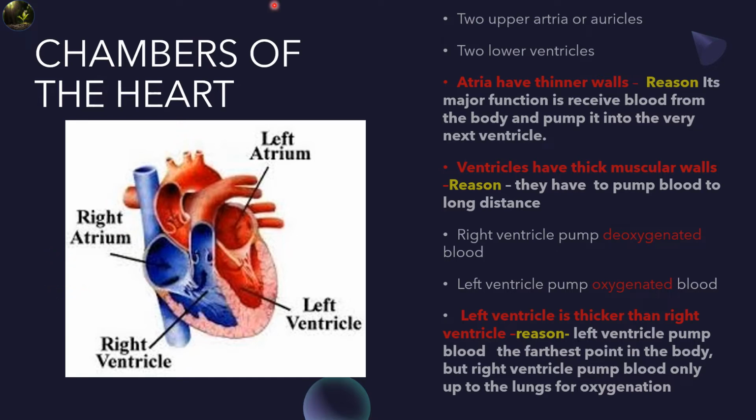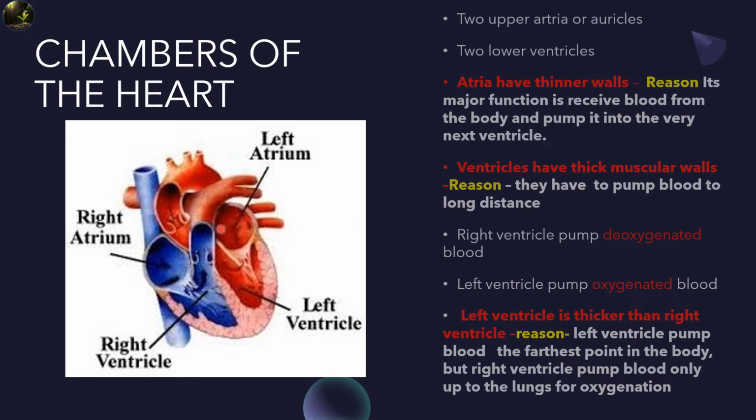Understood? Then atria have thin walls. You can see here, these are the two atria. Give reason: atria have thin walls. What you will write? The reason is its major function is to receive blood from the body and pump it into the very next ventricle.